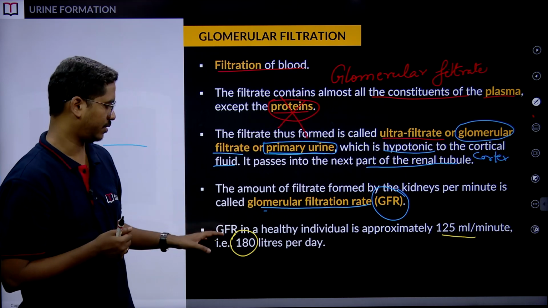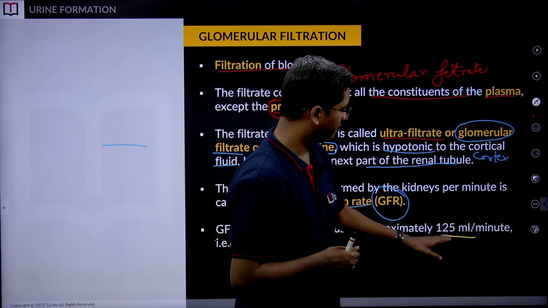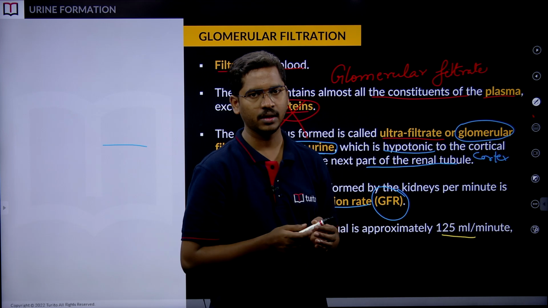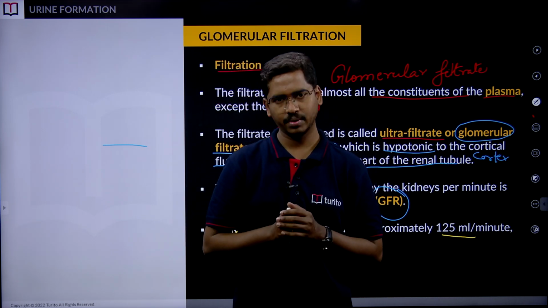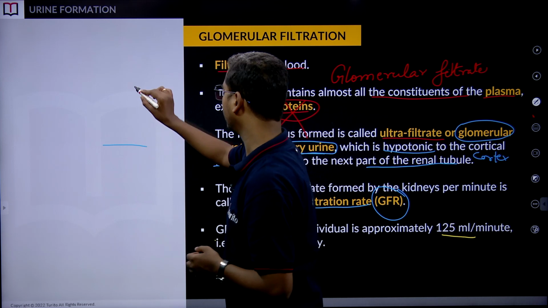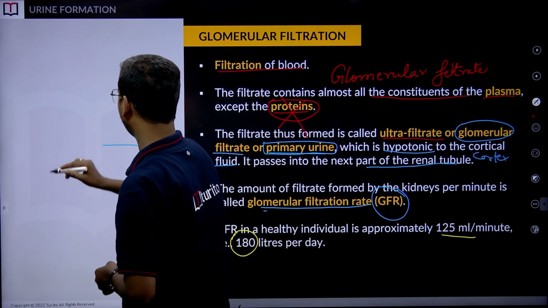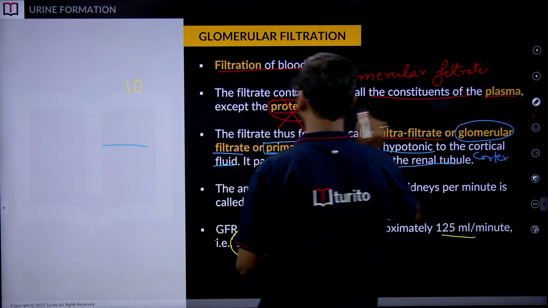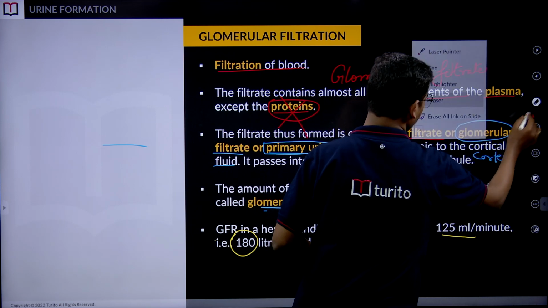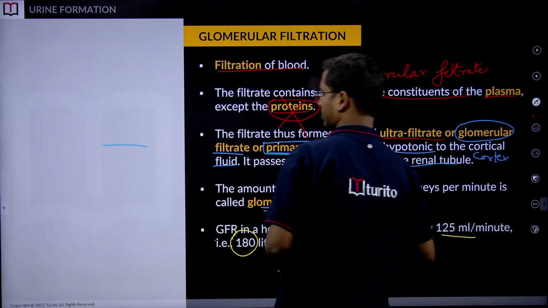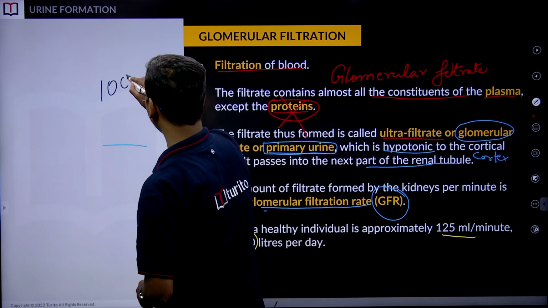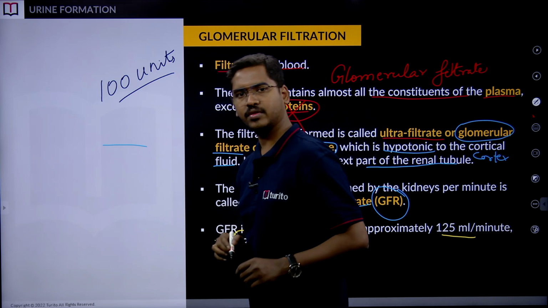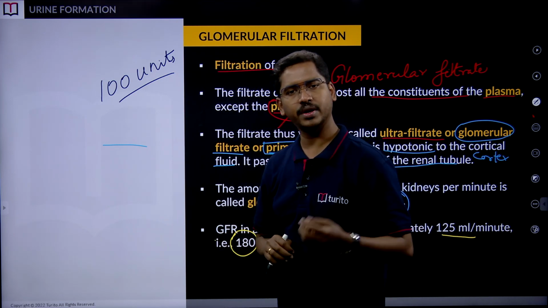Well, I will tell you, it is said that 125 ml of the fluid is filtered per minute. Okay. So, let us think this way. For example, we have 100 units of fluid in our body.